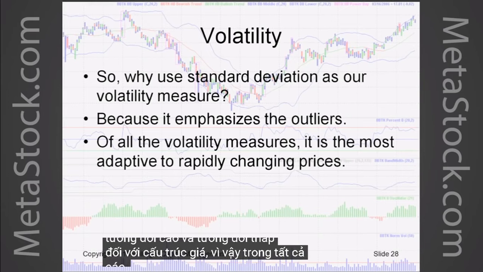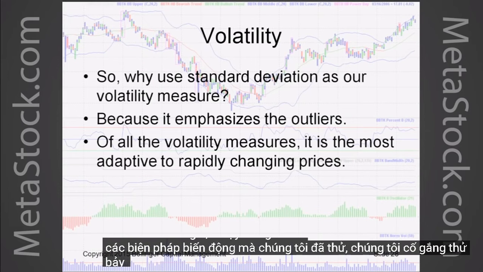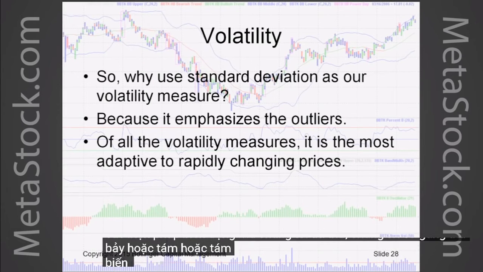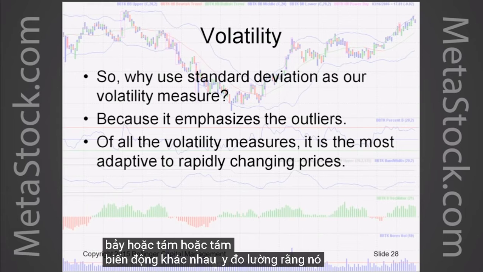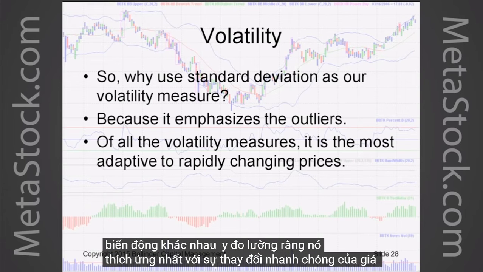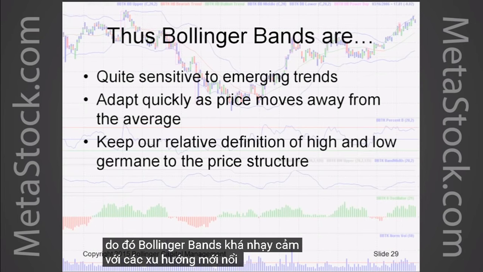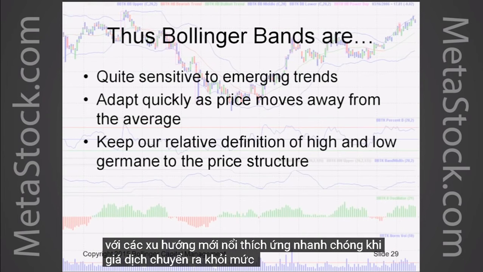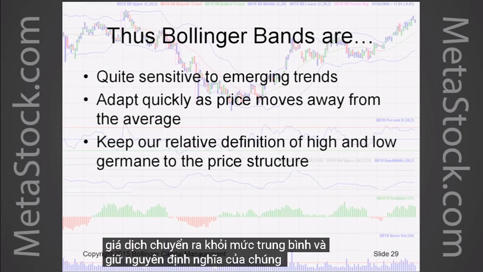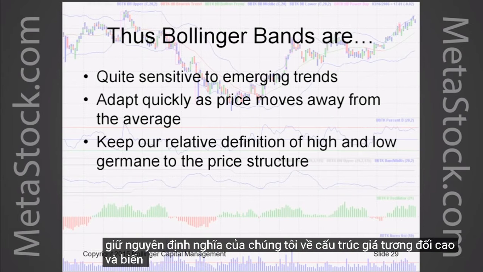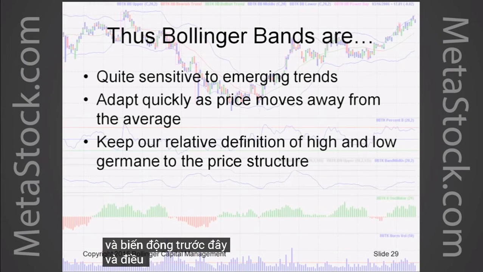Of all the volatility measures we tried, and we tried 7 or 8 different ones, it is the most adaptive to rapidly changing prices. Thus, Bollinger Bands are quite sensitive to emerging trends, adapt quickly as price moves away from the average, and keep our definition of relatively high and relatively low germane to the price structure, and that's absolutely vital to success here.